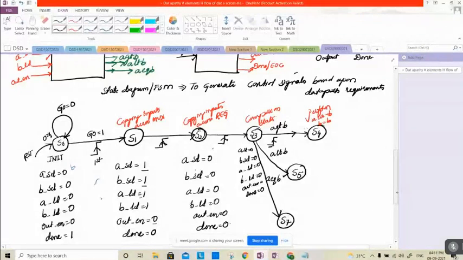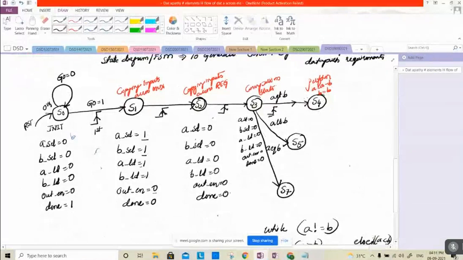Right, perfect. Across S4, A select value must be 0, B select value must be 0, A load value must be 1. Why? Because we are supposed to take the value of A minus B into the register. B load value must be 0, B is the previous value only. Out enable must be 0, done is also 0.